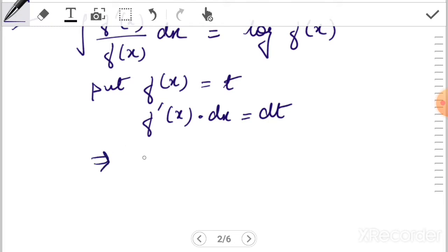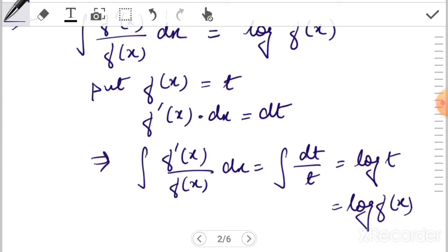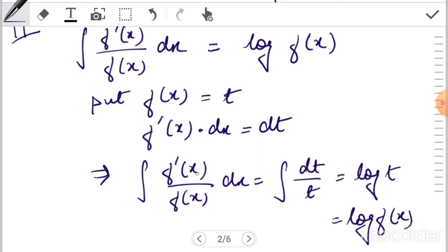That gives integral f dash(x) by f(x) dx is equal to integral dt by t, which is log t, and that is log f of x. Thus the integral of a fraction whose numerator is the exact derivative of its denominator is equal to the logarithm of its denominator, right?